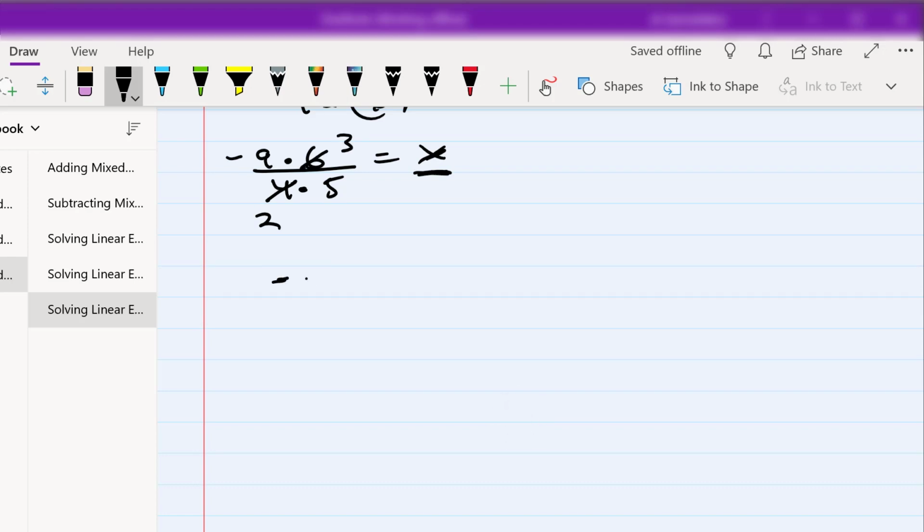So on the top we have minus 27 over 10 equals x. Or we can reduce this to a mixed number. x is equal to minus, 10 goes into 27 2 times with 7/10 left over.